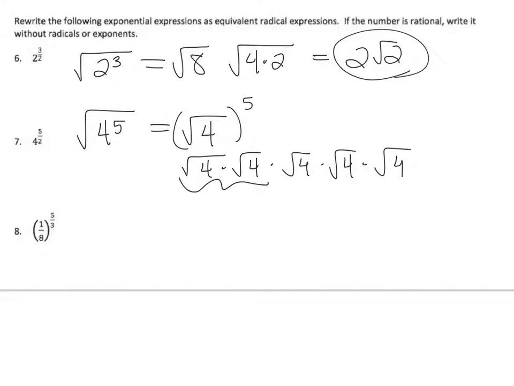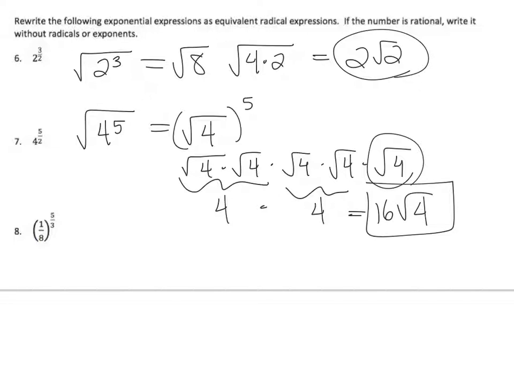So this gives me 4, and that gives me 4, and that poor guy is lonely. 16 square root of 4. Did anyone see what I missed yet? What's the square root of 4? 2. Haha.